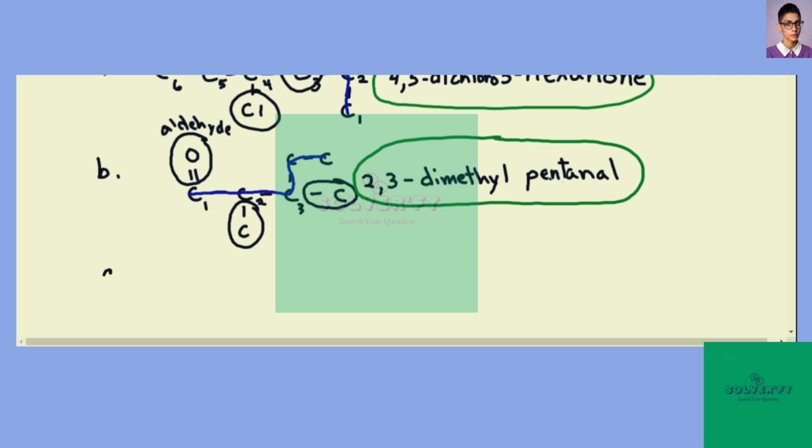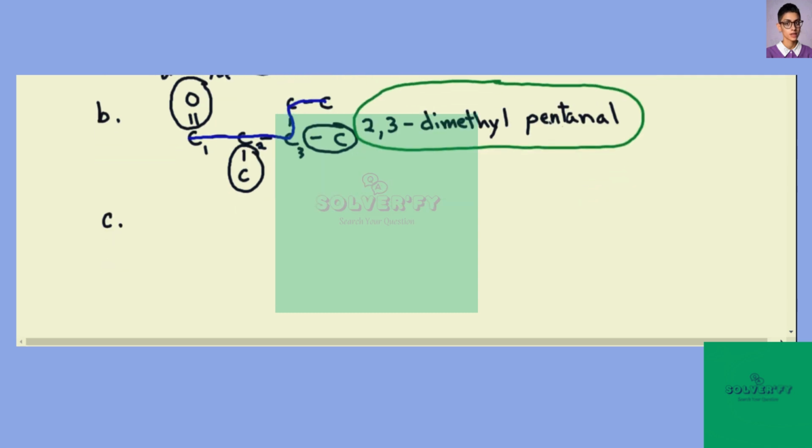Let's go on to the final one here. We see a benzene ring. Coming off that benzene ring, we have a methyl group. And we also have an aldehyde again.